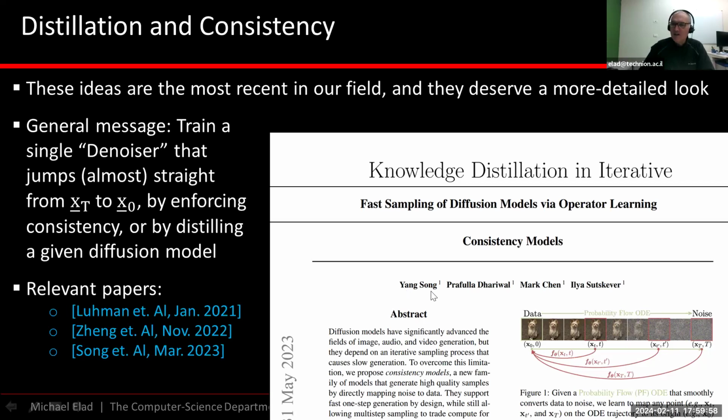Yang Song, I mentioned his name. Yang Song is the other Song that worked with Stefano Ermon. Yang Song, after PhD, worked in OpenAI for several months. And so he's collaborating here with Ilya Sutskever and others in OpenAI and published a paper that basically says, we can do diffusion in one shot. Consistency models.